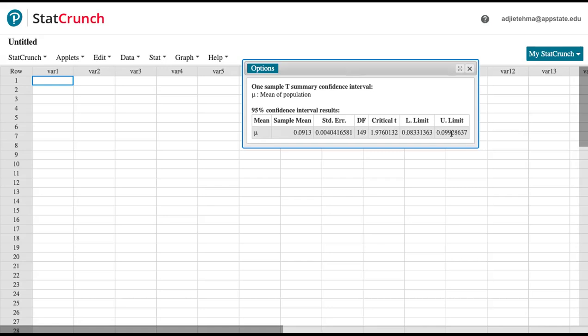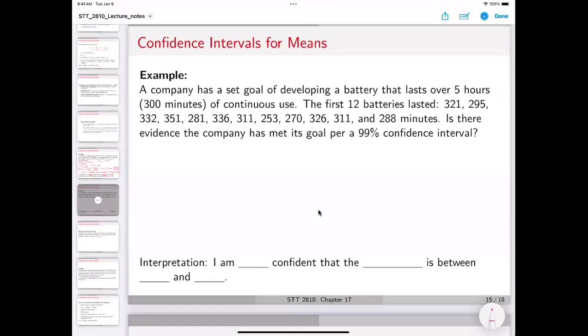Okay. Now let's proceed to the next one. So for the next one, we have this.